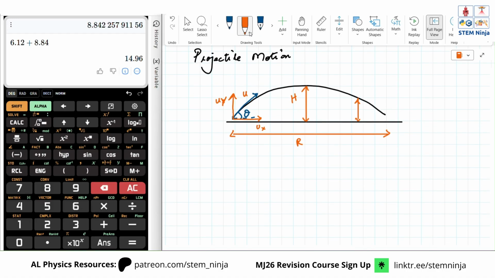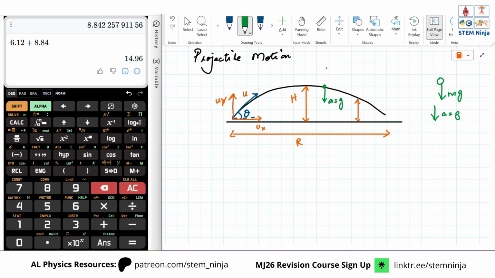How? Because one component of motion has acceleration, the other one doesn't. Since weight is only acting downwards, acceleration only acts downwards.